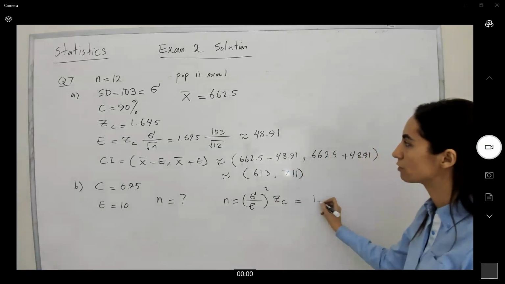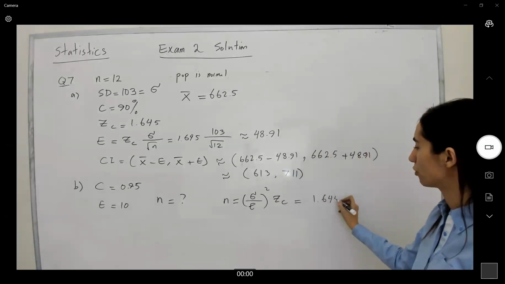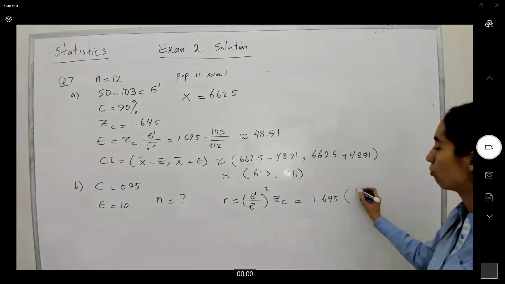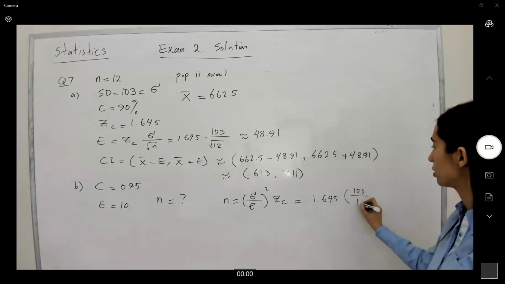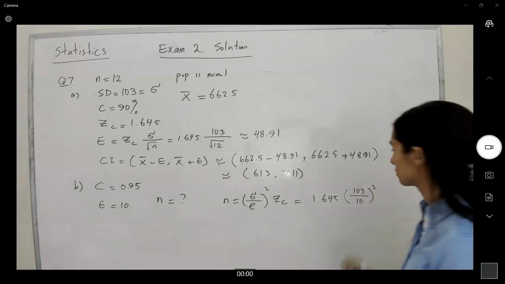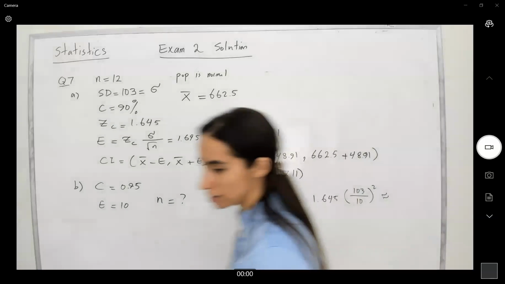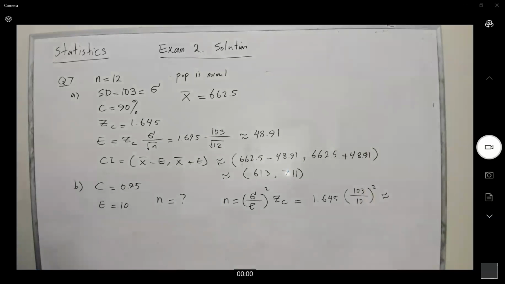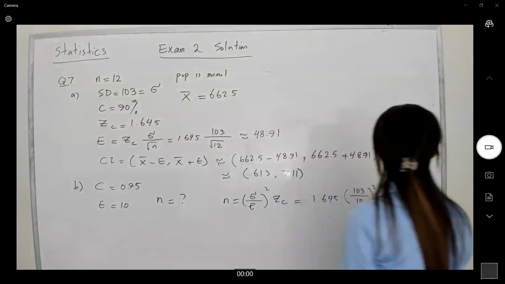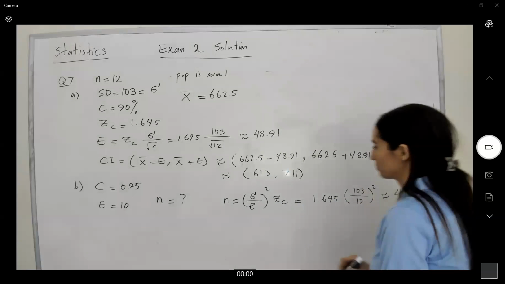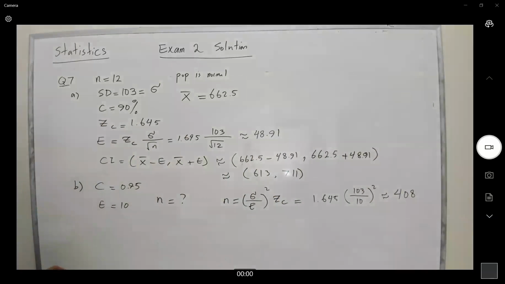So your ZC is 1.645, sigma is 103, divided by 10, squared. The minimum sample size, if you do the calculation, rounding it up, is 408. This is the minimum sample size that we need.